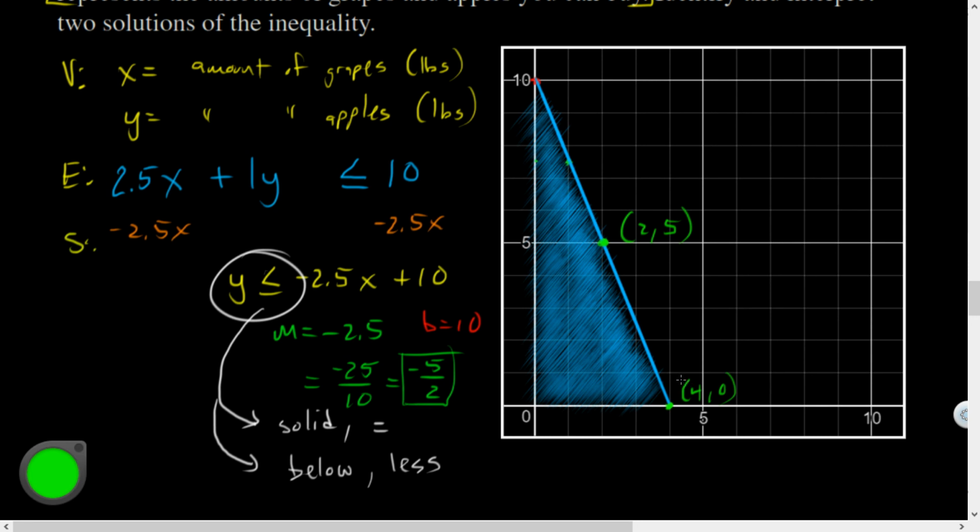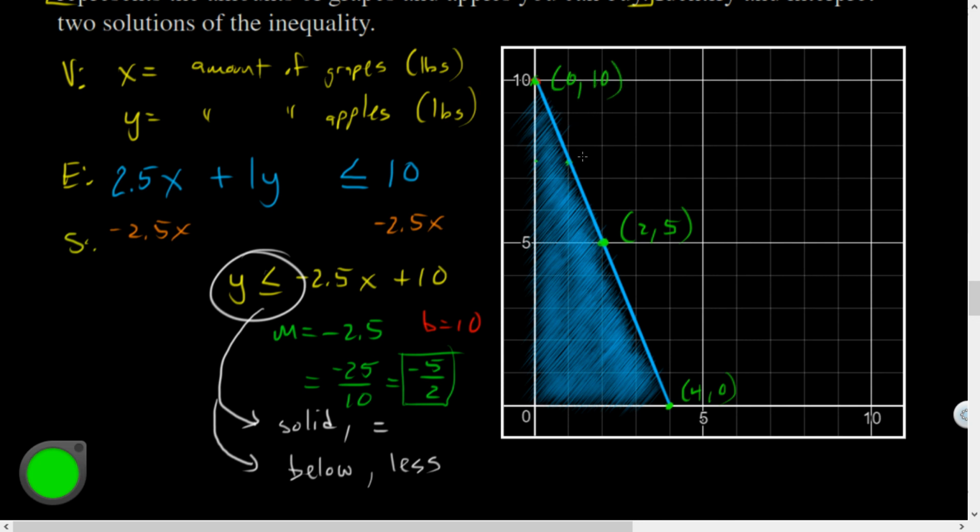Yeah, what does that mean in terms of this problem? 4 pounds of grapes and no apples. What if I only want to buy grapes? Or sorry, if I only want to buy apples, my bad. 0, 10 would be 0 pounds of grapes and 10 pounds of apples.